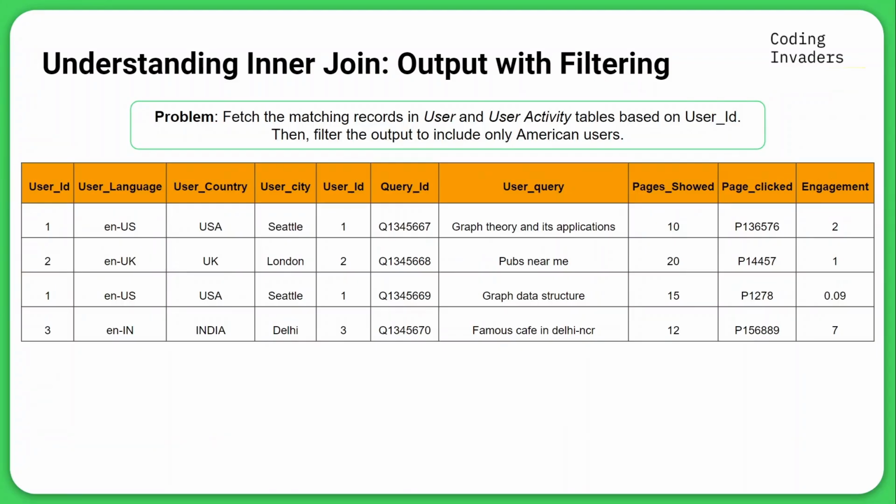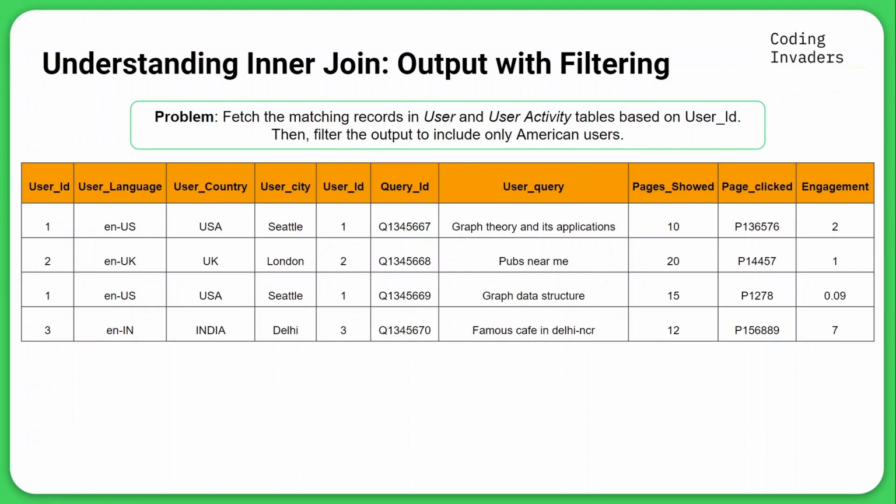We can also use inner join and then filter data based on matching values, right? Over here, we have the output based on fetching the matching records in the user and user activity tables based on user ID. What if the problem is modified and also mentions filtering data after the inner join, like to include only American users?